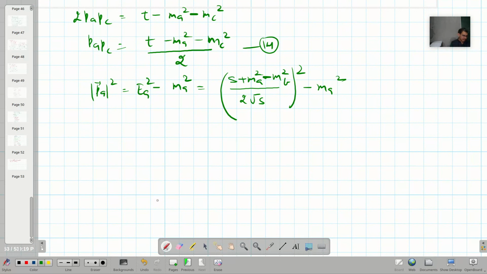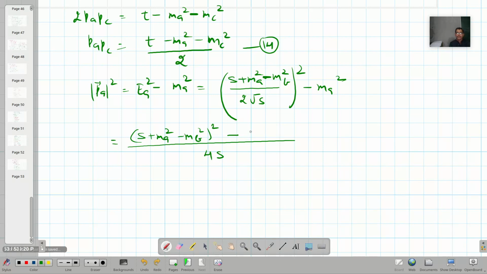Thus I can write this as S plus MA square minus MB square whole square, and taking the LCM, it is 4S, MA square, right?